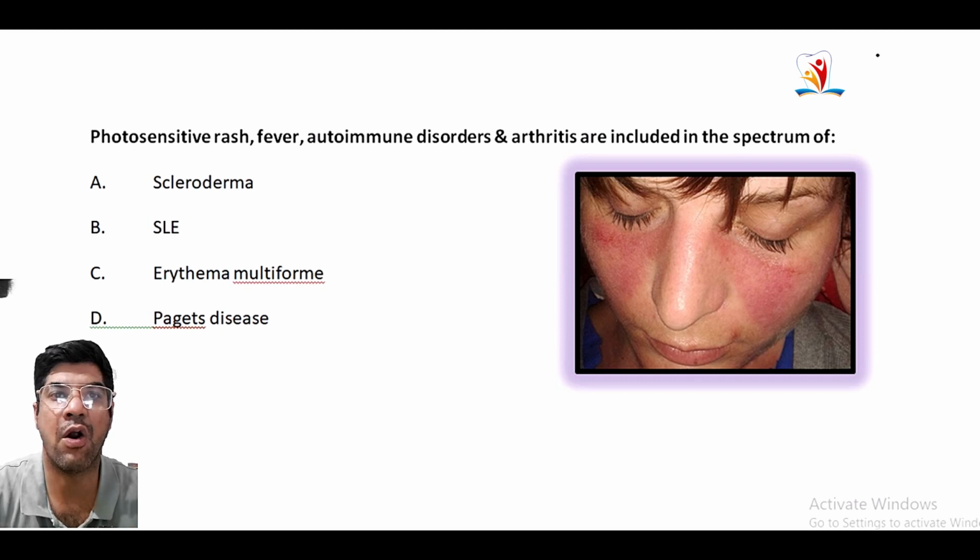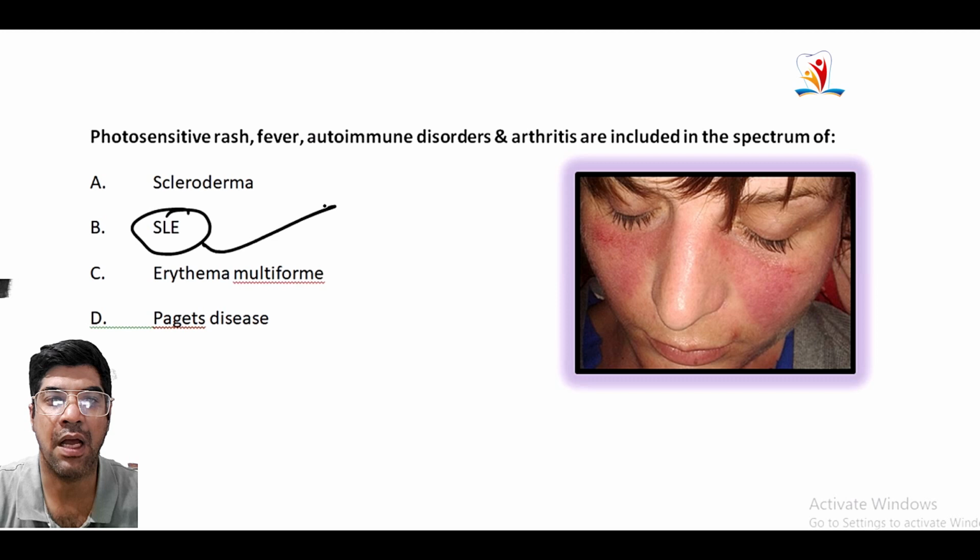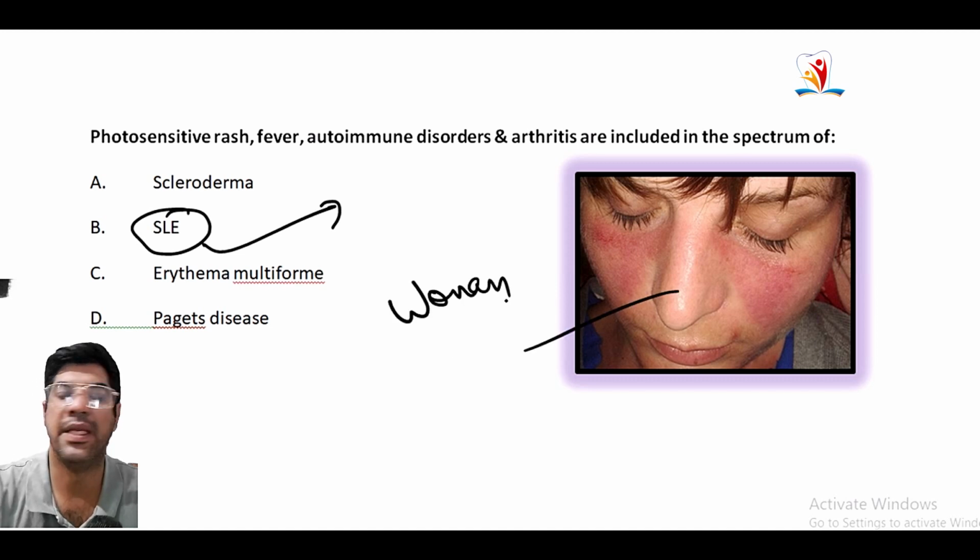It is a chronic autoimmune disease that is characterized by formation of autoantibodies against various cellular components. That leads to deposition of immune complexes in various tissues. It primarily affects women in the childbearing age.